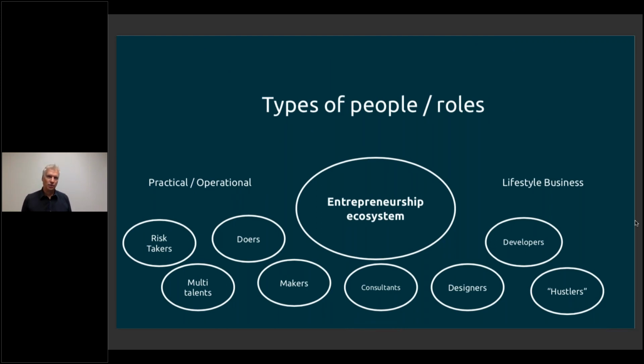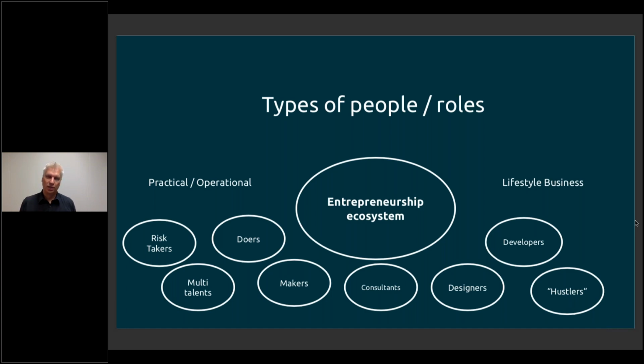And then the entrepreneurship ecosystem, that of course also covers a much broader scope of entrepreneurs than just startups. So generally, before they become officially registered entrepreneurs or companies, we have risk takers, doers, makers, multi-talents.